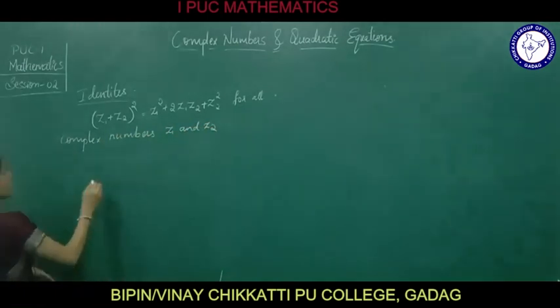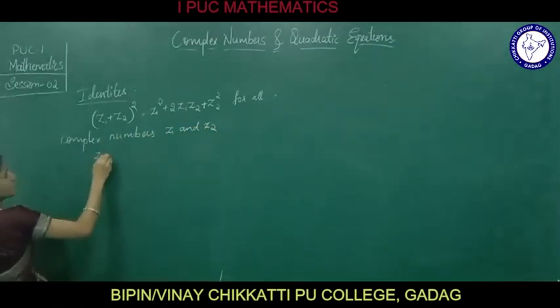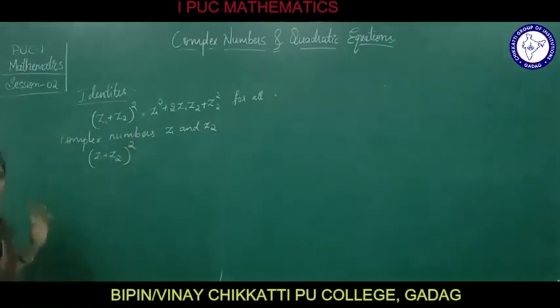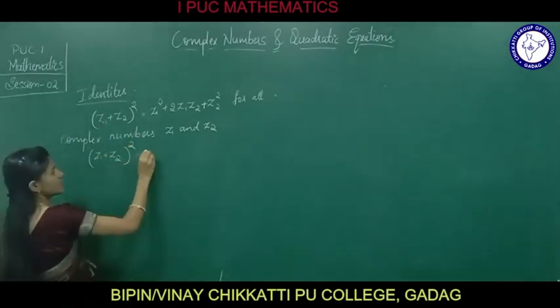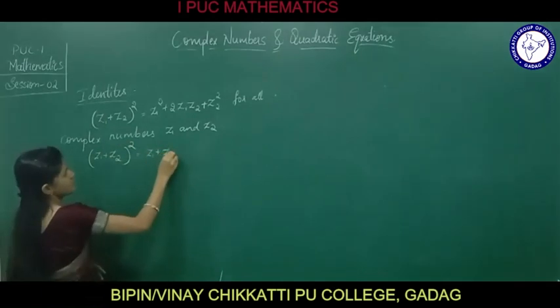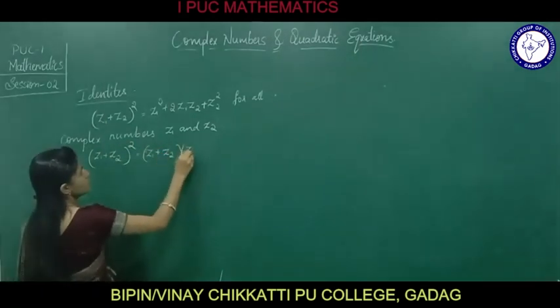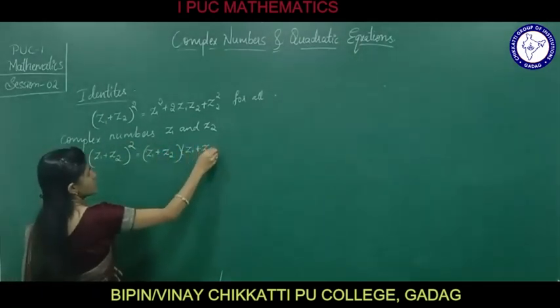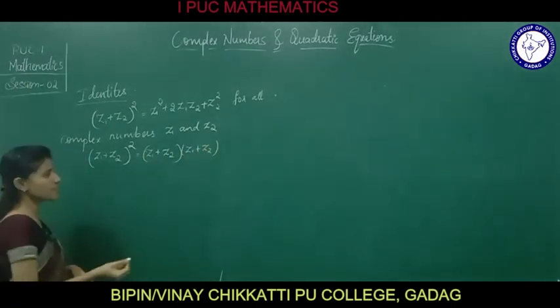How will we prove that? (z1 + z2) whole square, how can we write it? We can write it as (z1 + z2) into (z1 + z2). What happens next?